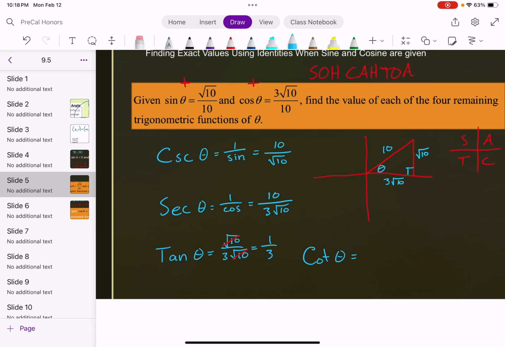Now keep in mind, the cotangent is the inverse of tangent. So instead of sine over cosine, we are actually looking at cosine over sine, or the inverse of tangent, which would be giving us an answer of 3.